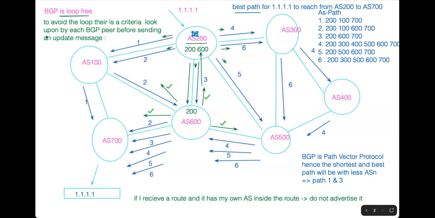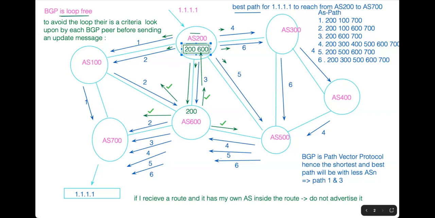But when it receives the same route back from every other router, then it can see the originator is not only 200, it is 200, 600, or 200, 300, 200, 500, or 200, 100. That's the way it is going to receive back the route.